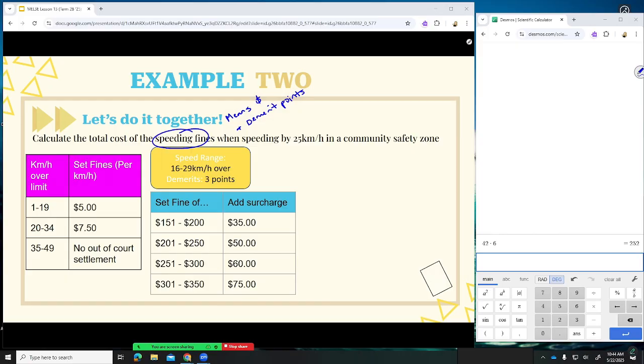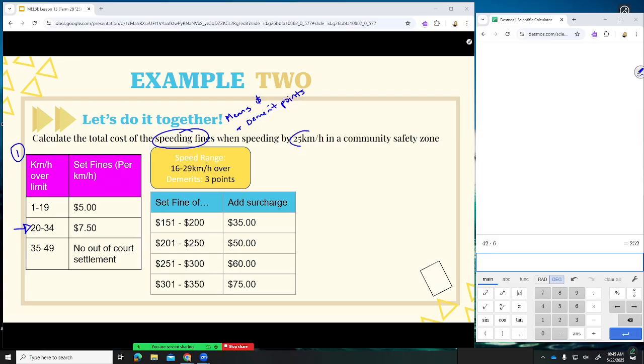So step 1, let's find our set fine. It's different for a community safety zone. So you want to make sure you're looking at the proper table. If we're speeding in a community safety zone, we look at that second table where our fines are increased. If we're speeding by 25, we fall into the second bracket, which is $7.50.